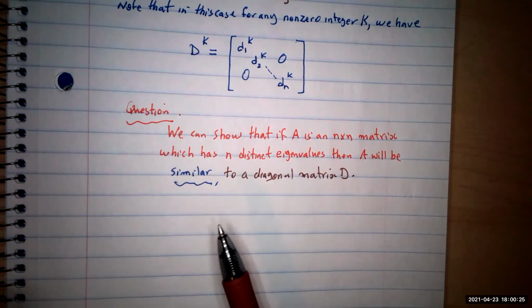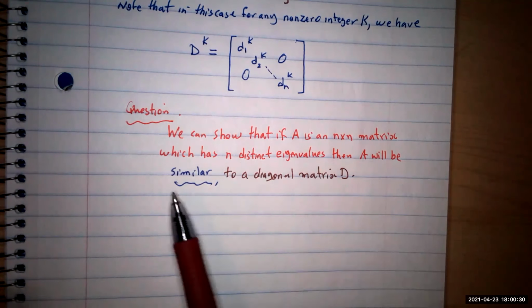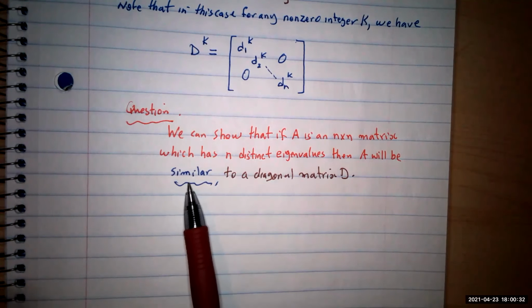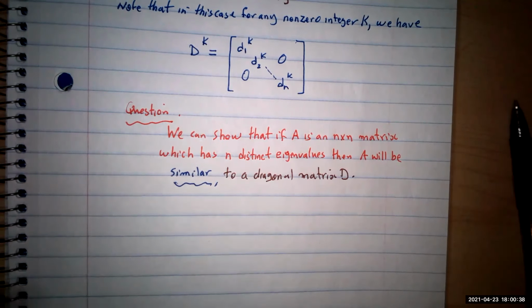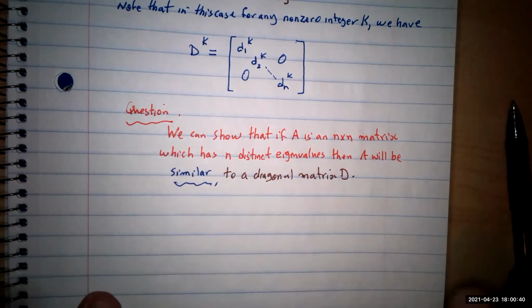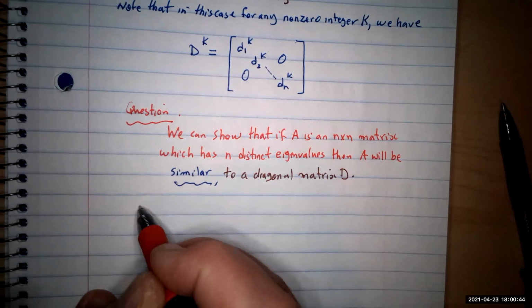Now what we are going to do is to answer this question. First, we are going to argue what do you mean by similar? What is the similarity defined in terms of the matrix? Let's take care of this one first, and then we answer the question. So what does similar mean?